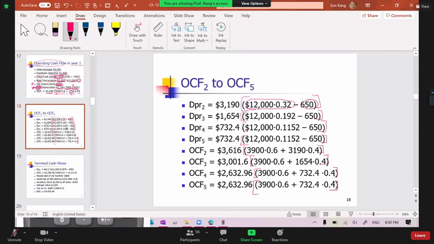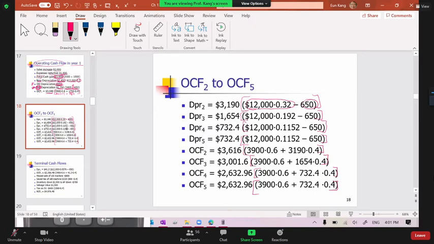Because by selling the old machine, you are losing this benefit, right? So that is opportunity cost. For example, if you didn't sell the old machine, you could have used 650 to deduct, right? But by selling the machine, you cannot deduct.